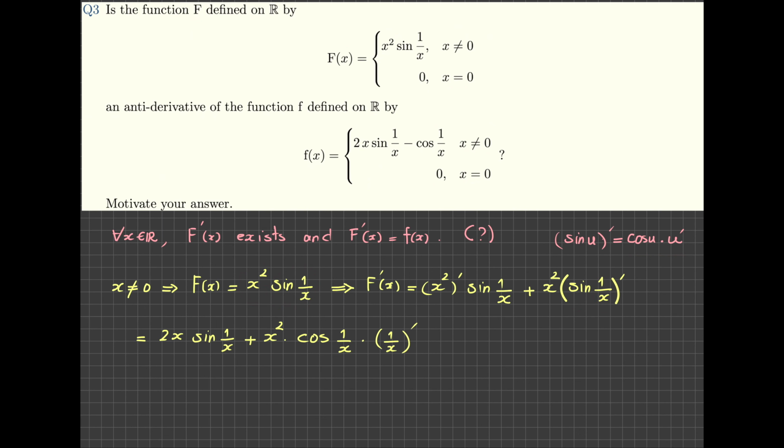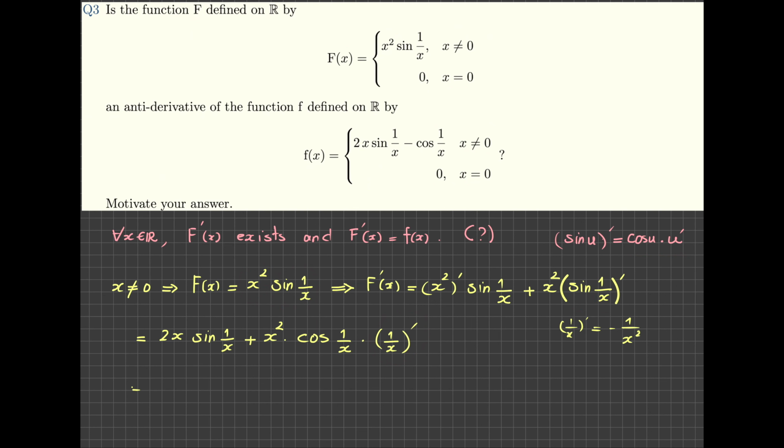Okay, but it is simple to see what the derivative of this one is. 1 over x prime is equal to minus 1 over x squared. So that's very simple to realize.